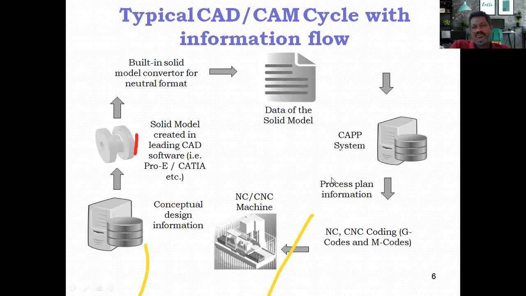These are all the steps that you need to remember. Whenever anybody asks you about the CAD CAM steps, you must be able to explain briefly what steps are involved in a typical CAD CAM cycle. This is very, very important from the point of view of your CAD CAM subject.